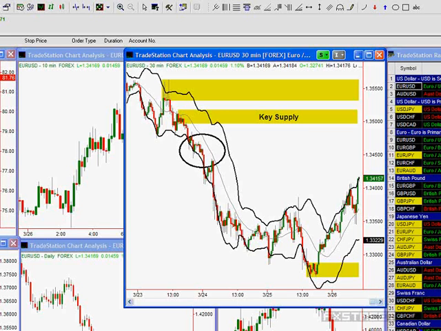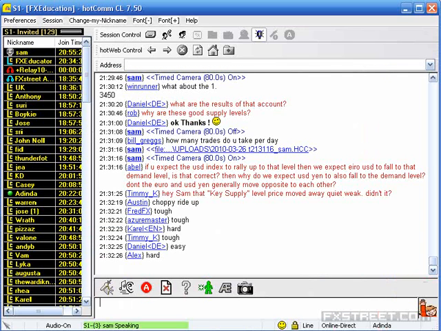Notice we have all those little speed bumps of supply. So in that circled area, what's likely to happen if and when prices go up to that area? You think it's going to be easy for price to get through that area, or you think it's going to be a little tough? What do you think? Yeah, probably a little tough, right? Because there's some sellers there. The chart's telling us.